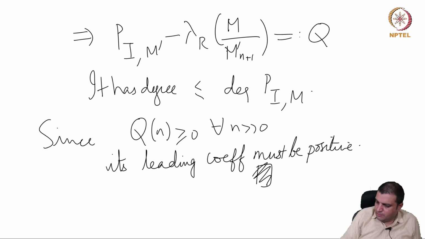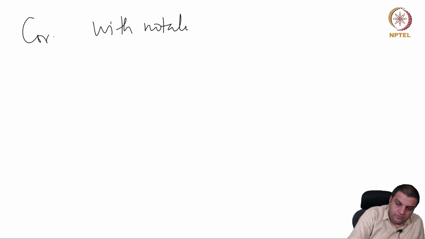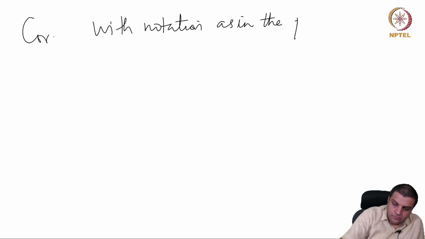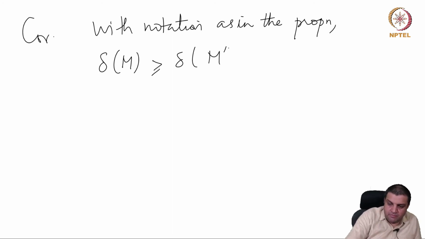Corollary, with notation as in the proposition. Delta of m, which is the degree of that PIM, is greater than or equal to delta of m prime and m double prime.